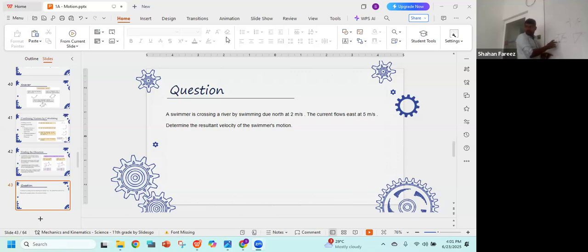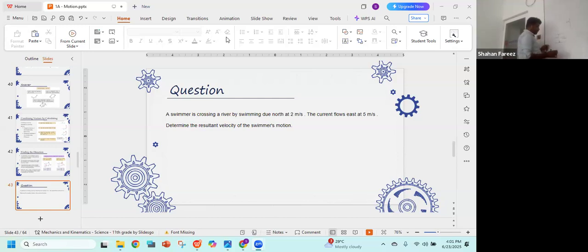This is what you have. It will be going northeast. Okay, right. So east is going this way, 5 meters per second. Is that clear?